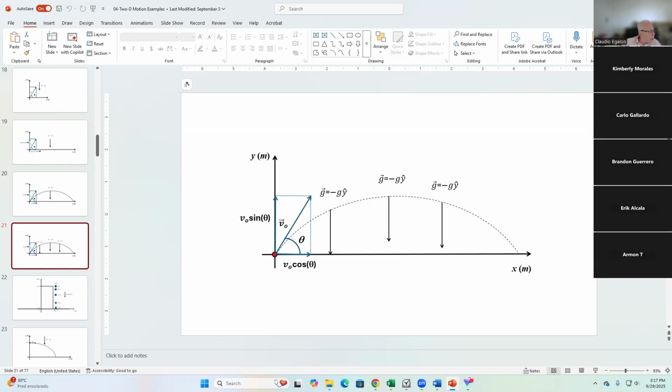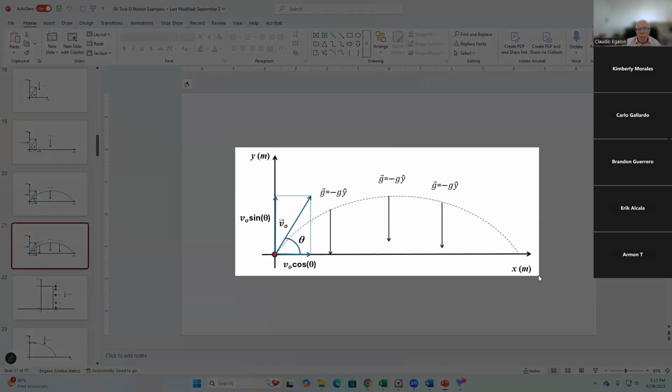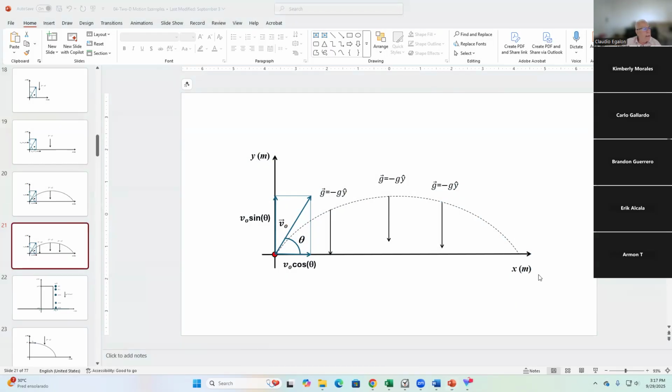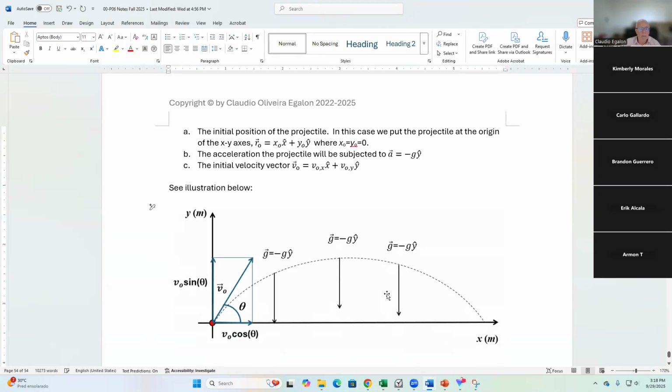I'm gonna copy and paste that in my notes as well. This illustration.